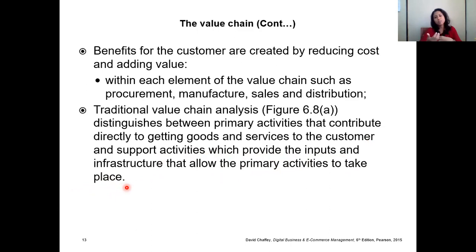In other words, these support activities support the smooth functioning of this direct delivery of goods and services from the organization to the customer. They try to facilitate this process of getting the goods and services to the end consumer.